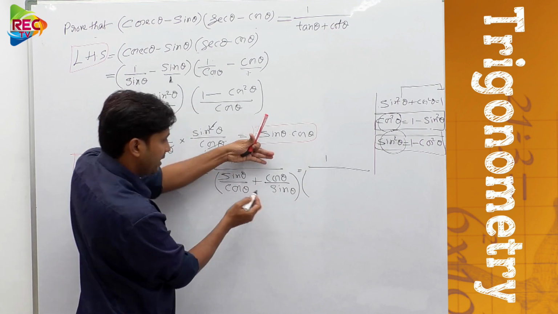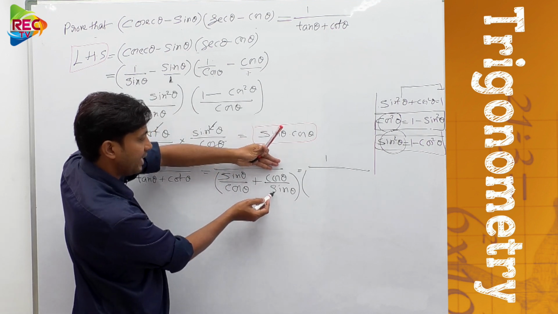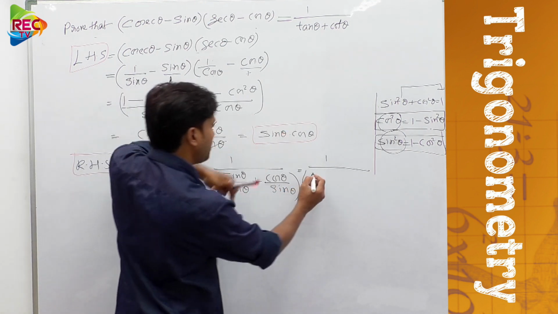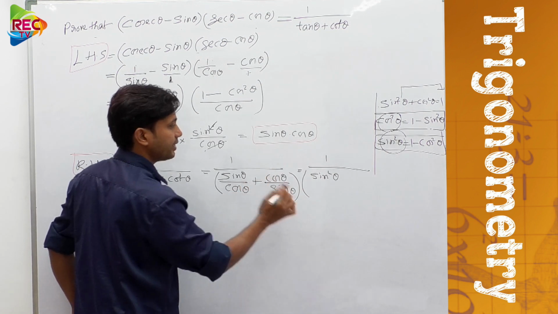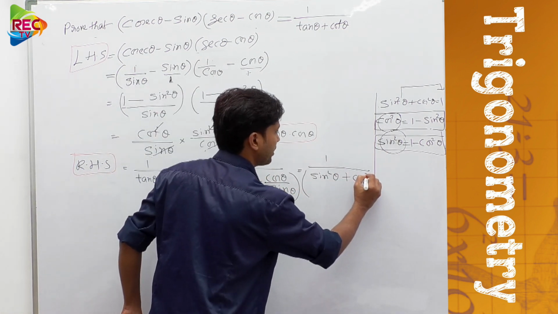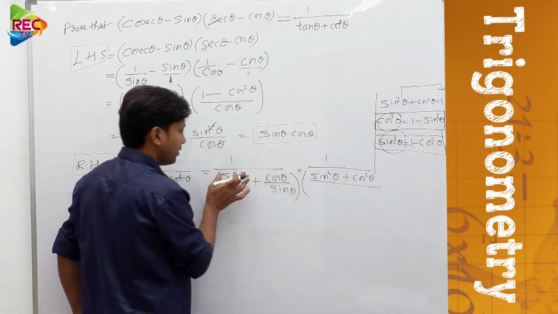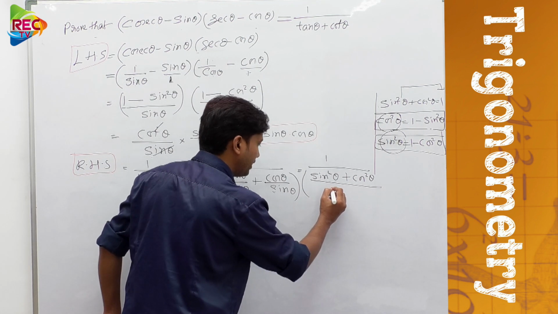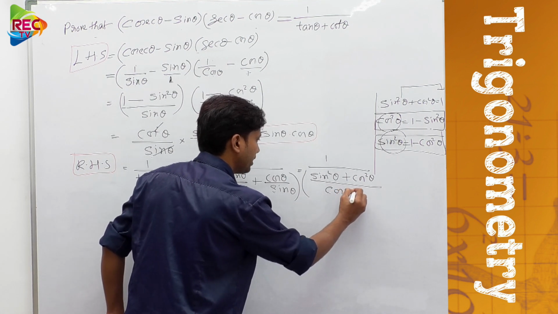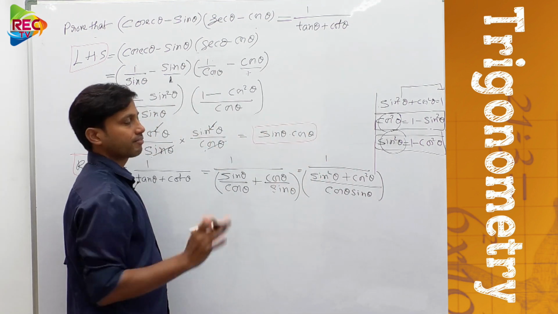So just tell me, when you are taking the LCM of this part, sine theta into sine theta, that would be your sine square theta, right? And here cos theta into cos theta, that would be your cos square theta. Okay, we multiply this, and we need to multiply this also, in the denominator part, cos theta sin theta. Now just tell me.